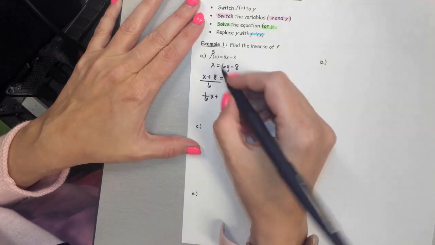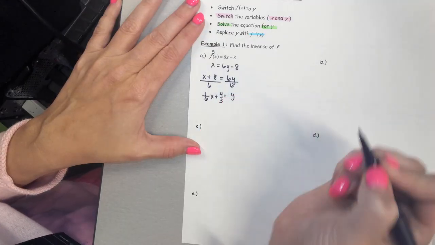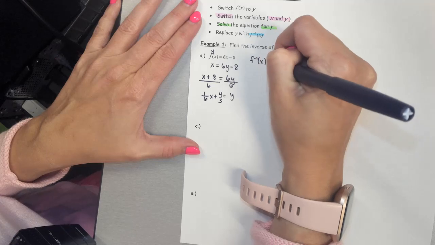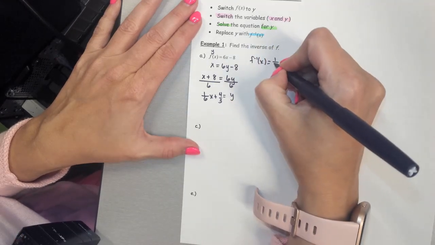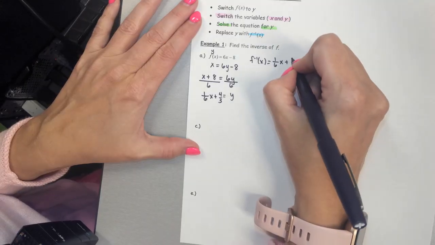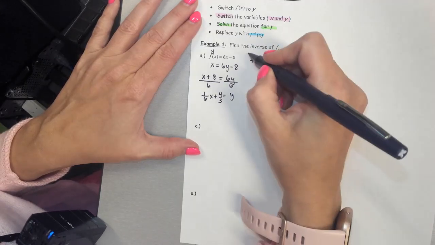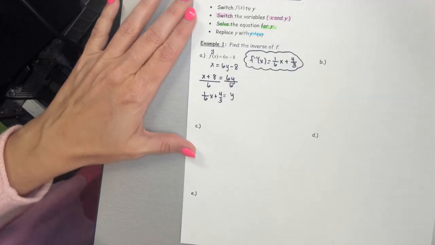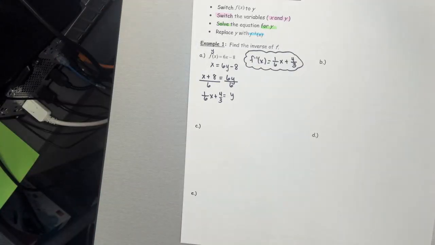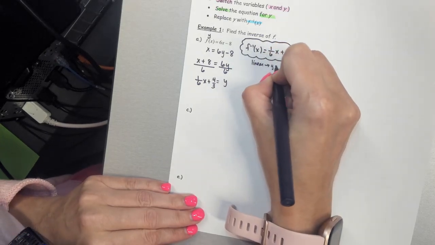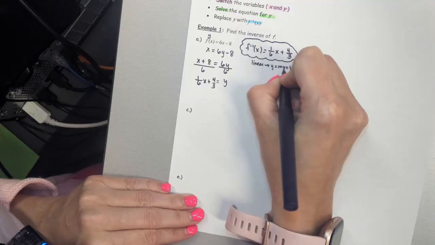So 2 goes into both, it would be 4/3. Then for your inverse, we're going to use inverse notation. So 1/6x, or you could leave it as x over 6, plus 4/3. That way you are reducing. So anytime it's linear, we want y equals mx plus b form.